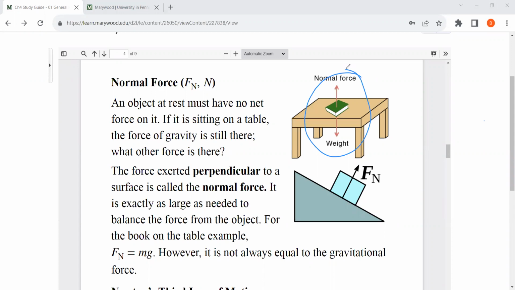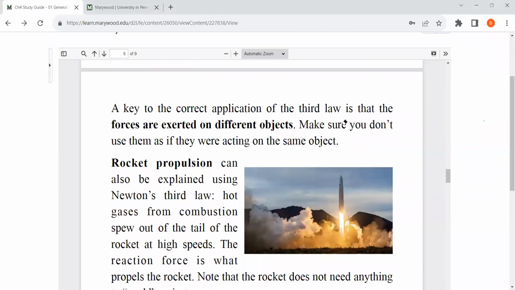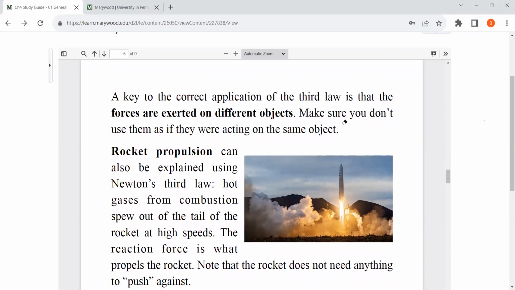So to avoid this confusion, let me make a statement, and then come back to here. The statement is this: the action reaction pair forces are exerted on two different objects.